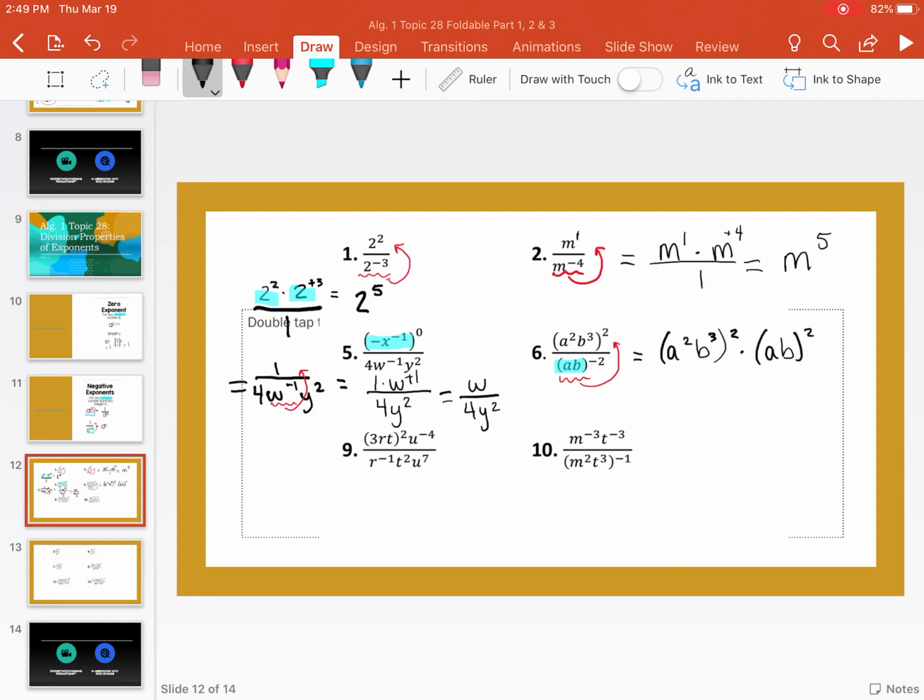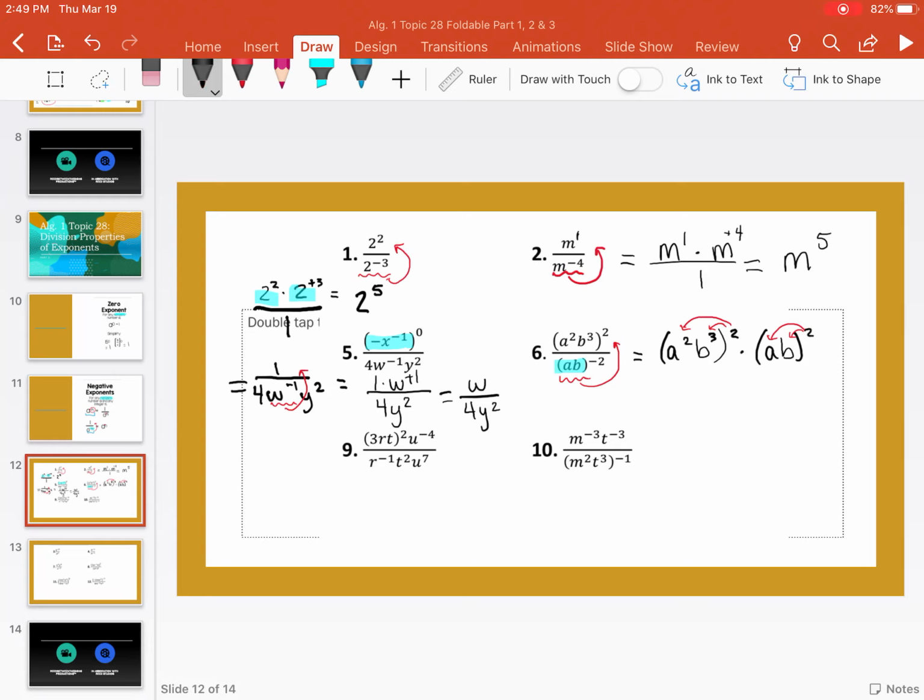Now we can apply our knowledge using the power raised to a power, or this is a product to a power. So we can apply this 2 to our a squared, to our b cubed. We can apply this 2 to our a and to our b.